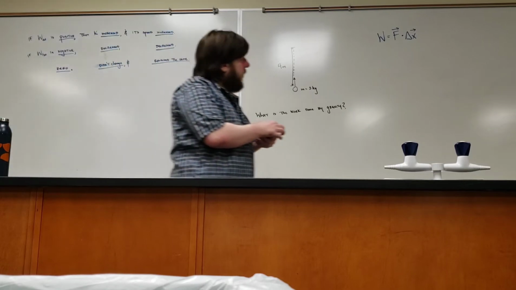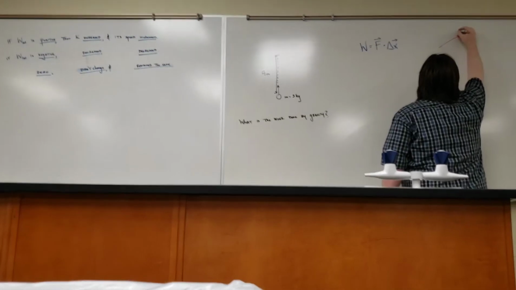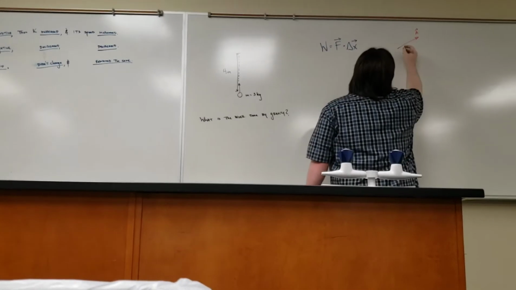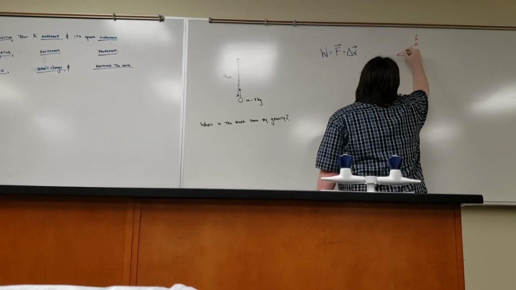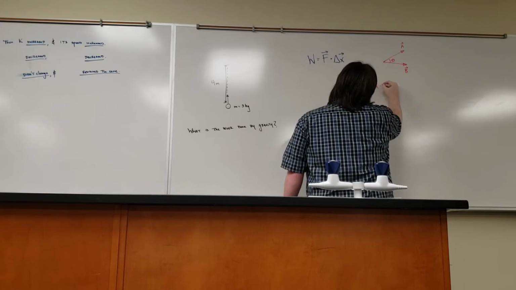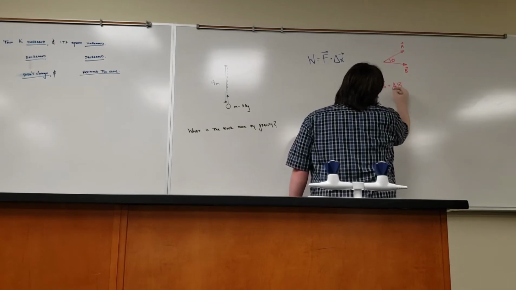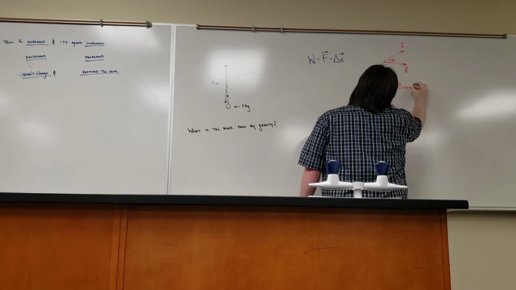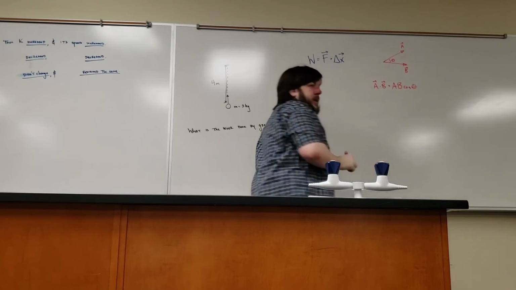If some vector A has a magnitude of A, and some vector B has a magnitude of B, and they're separated by some angle theta, then the dot product, A dot B, is the magnitude of A times the magnitude of B times the cosine of the angle between the 2 vectors.